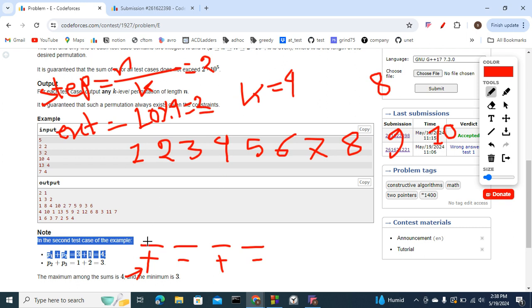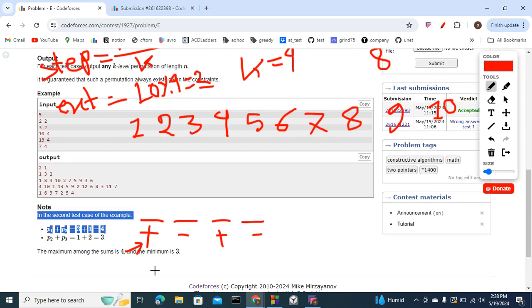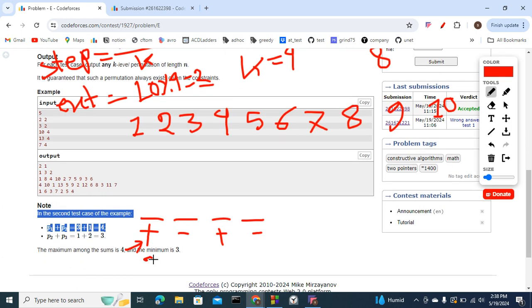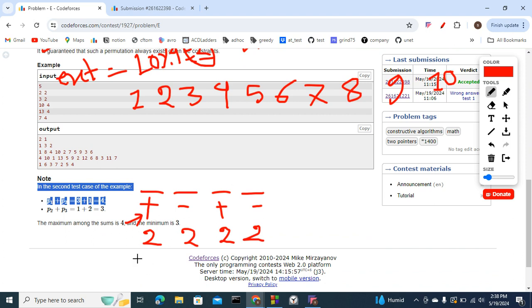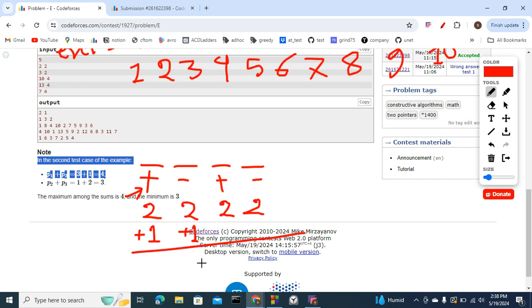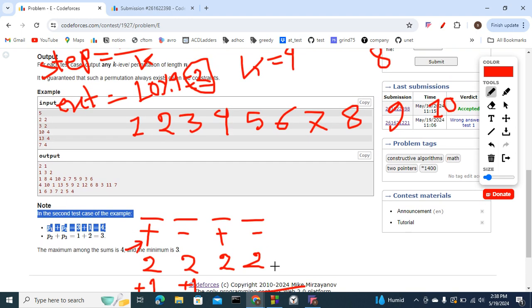Initially we are considering that all these elements will have 2 steps, but as we have 2 extra steps, we will add 1 extra in this position and 1 extra in this position. So finally it will have 3 steps, 3 steps, 2 steps, 2 steps.